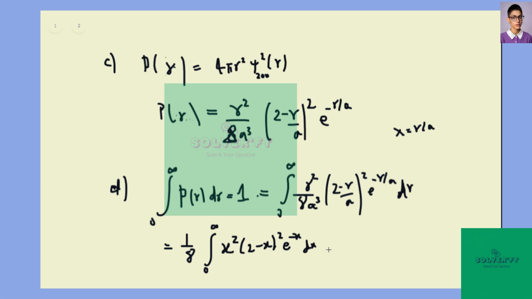The solution of this is a bit cumbersome, but the value that we get is 1 over 8 times (4 factorial minus 4 into 3 factorial plus 4 into 2 factorial). And as you can see, that's exactly equal to 1. So we have proved that the entire probability integrated is exactly equal to 1. So this wave function is normalized.